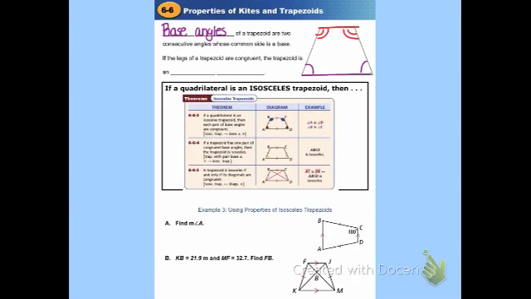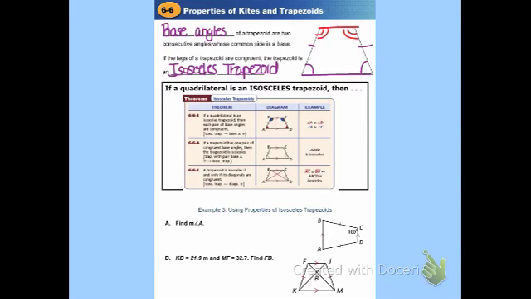Now the reason why I'm marking them congruent is because if I want to talk about the properties of an isosceles trapezoid, an isosceles trapezoid is a trapezoid where the legs of the trapezoid are congruent, and what that does is it causes the base angles, both pairs, to be congruent. And so that's an isosceles trapezoid.